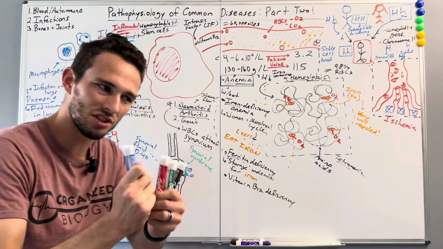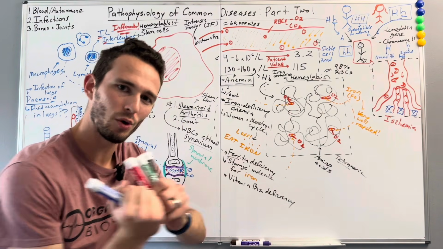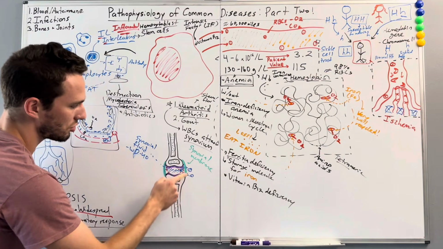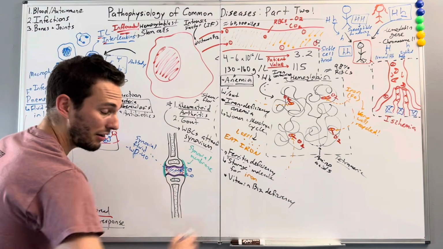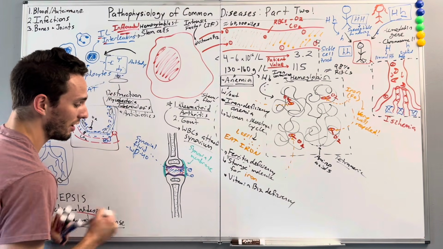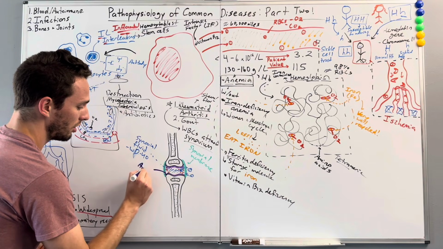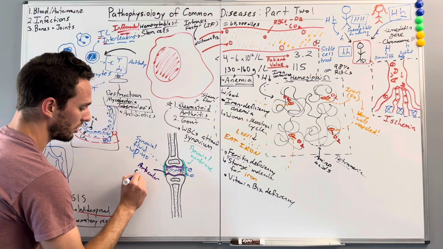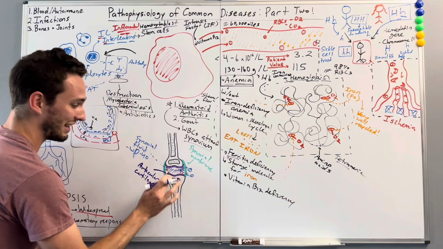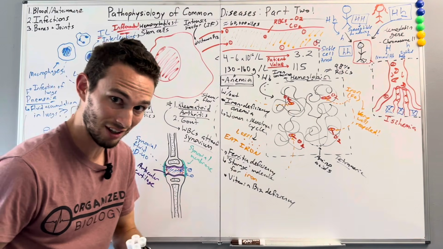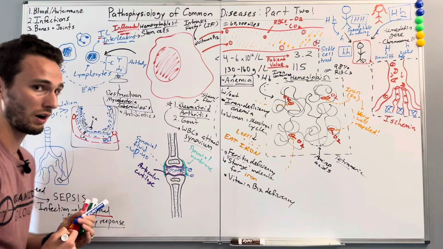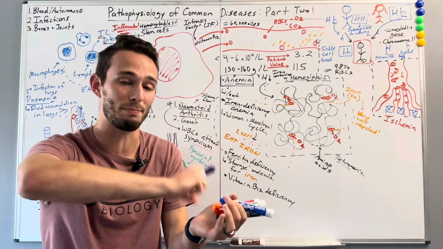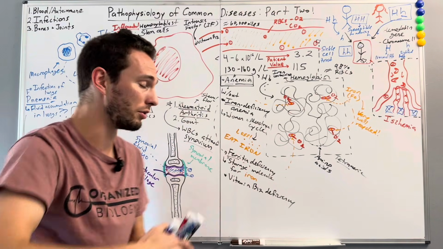Imagine these white blood cells as like little pickaxes, just chopping away, chopping away, chopping away at the surrounding tissues. Those surrounding tissues could be the articular cartilage of your bones. Articular cartilage exists to basically protect the ends of the bones from getting damaged. And that's not good if that begins to wear off. It's like you're taking away the plastic cap on your bones, and now you can have bone-on-bone contact.